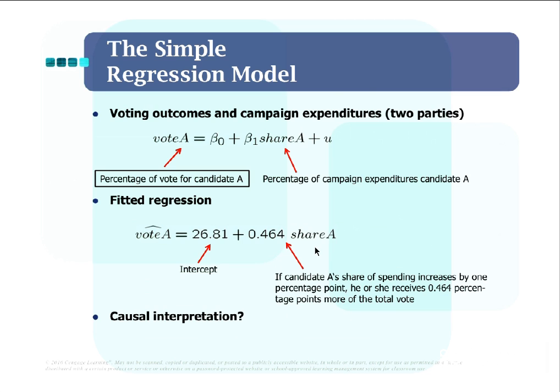So it basically tells you that if candidate A's share of spending increases by 1 percentage point, then he or she receives 0.464 percentage points more of the total vote. So this is another example.